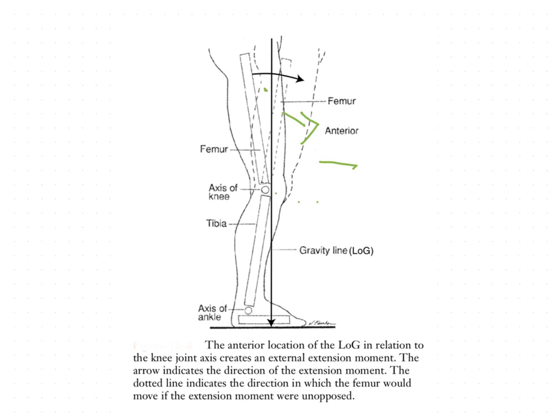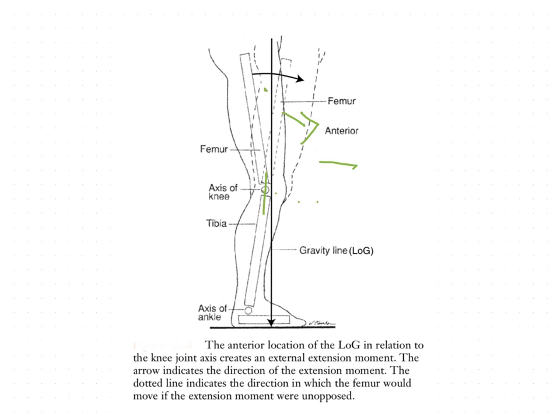An internal flexion moment of equal magnitude will be necessary to balance the external extension moment. These are the kinematics, how the movements around the joint axis take place. It mainly depends upon the LOG. If the LOG falls directly through the joint axis, there is no movement.